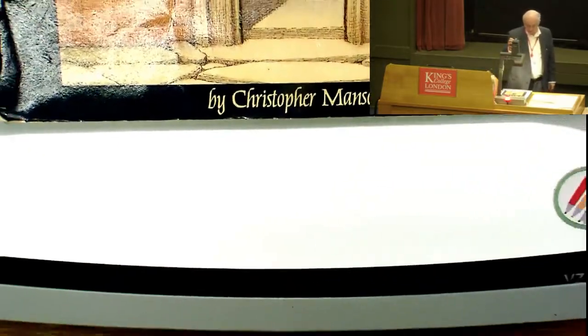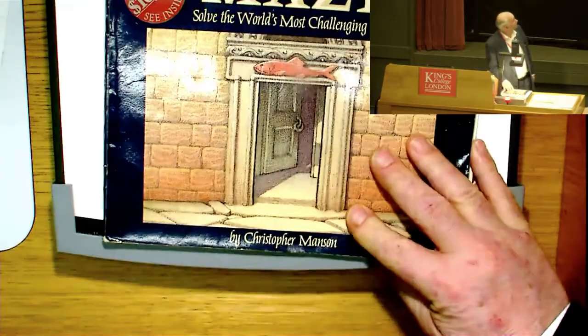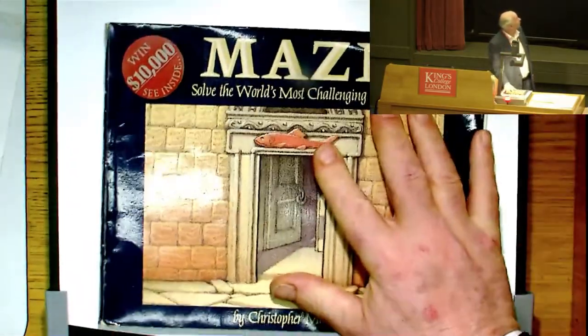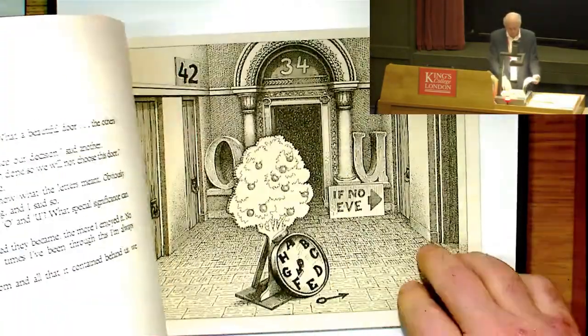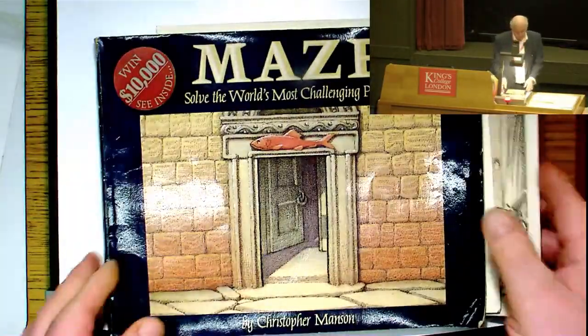So, when we're talking about mazes, many years ago I was given this book on just a single maze, in which you have pages and pages, in which you have to work out what vertices are connected to what vertices and so on. Terribly complicated.